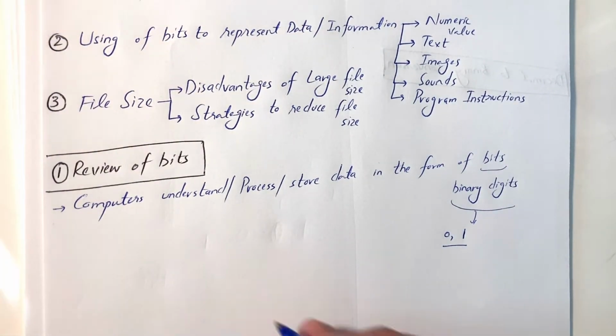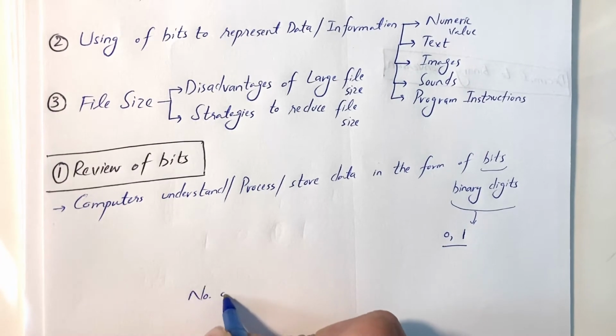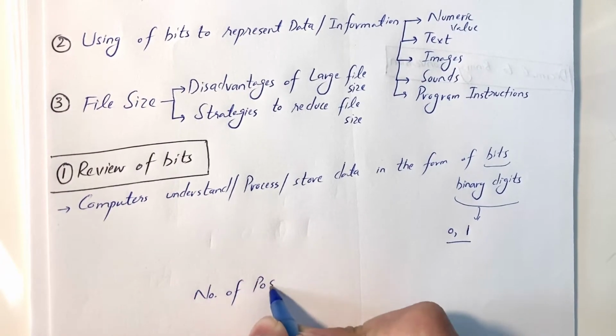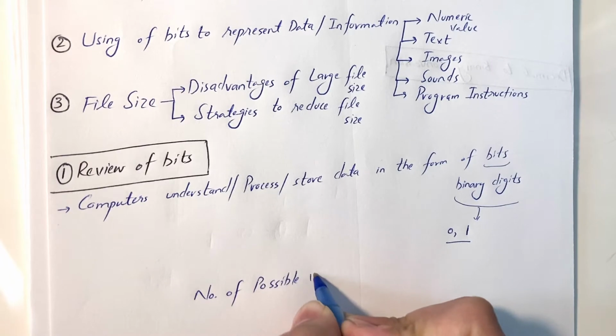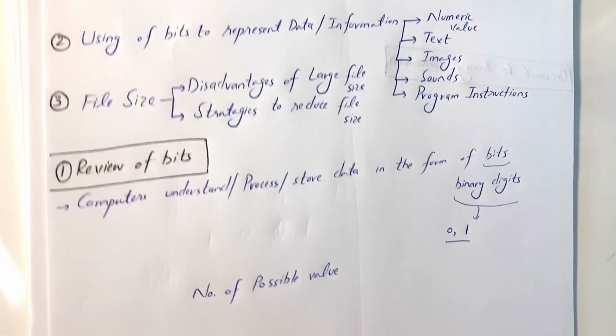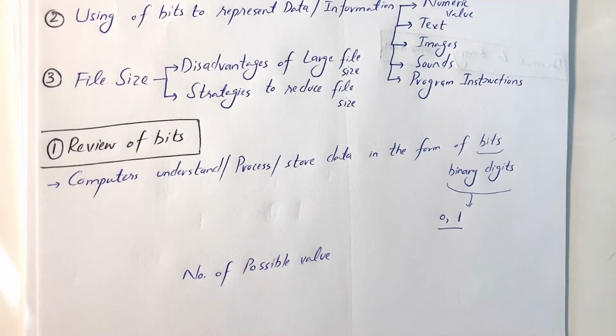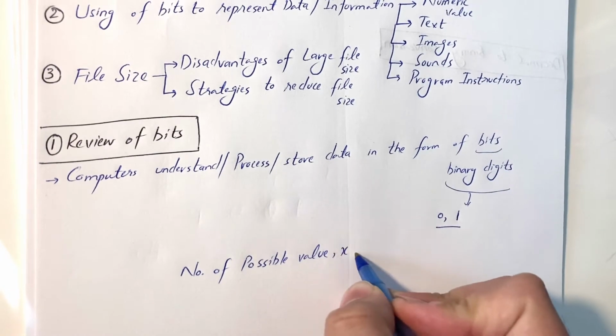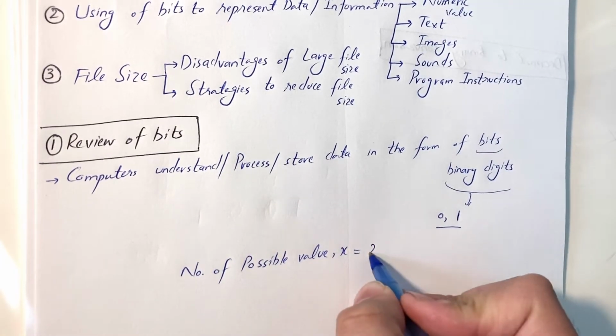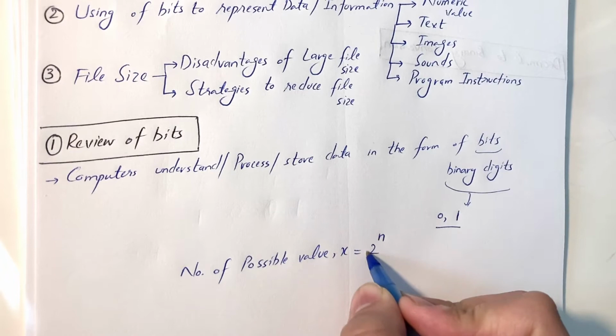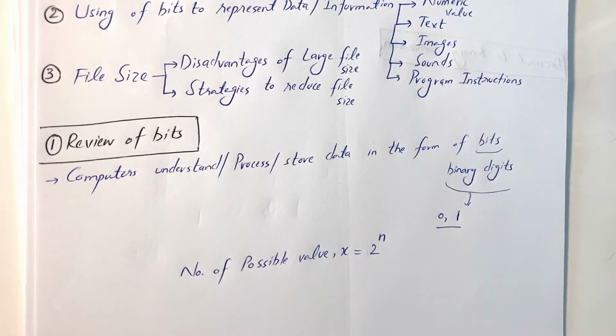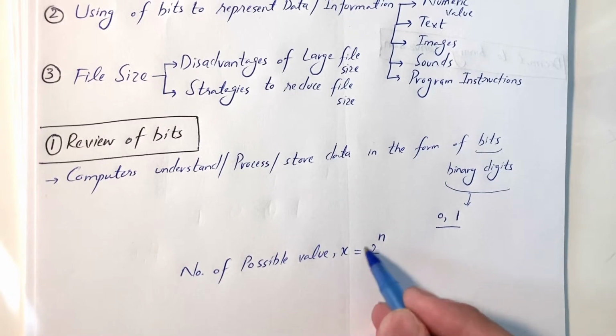And that is why the number of possible values, which we discussed, like the number of different colors or the number of pieces of information, is 2 raised to power n. Why 2? Because the base is always 2 for digital systems. Whenever you design any digital system, you will see the base is always 2.